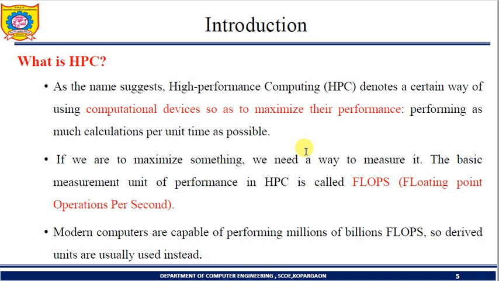If we are to maximize something, we need a way to measure it. The basic measurement unit of performance in HPC is called flops, that is floating point operations per second.